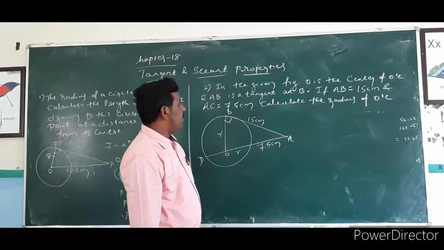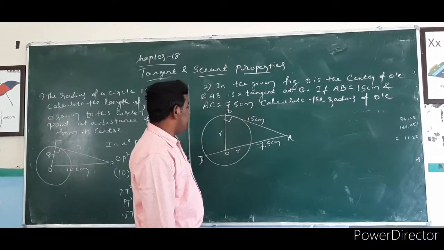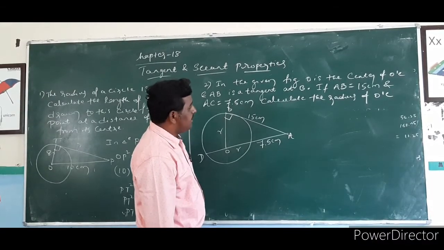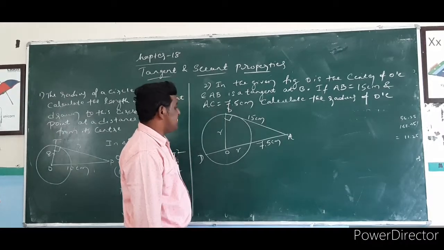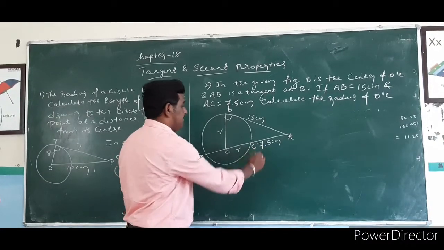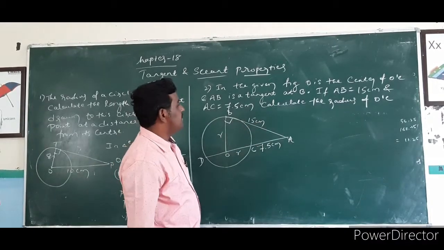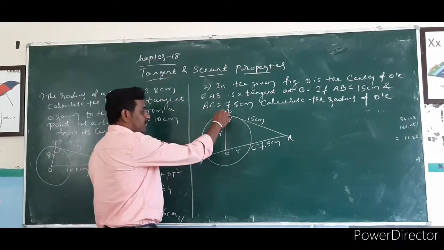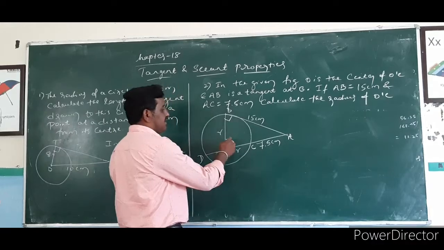In the next problem, in the given figure, O is the center of the circle, AB is the tangent at B. If AB is equal to 15 centimeters and AC is equal to 7.5 centimeters, calculate the radius of the circle. So here we want to find the radius of the circle.